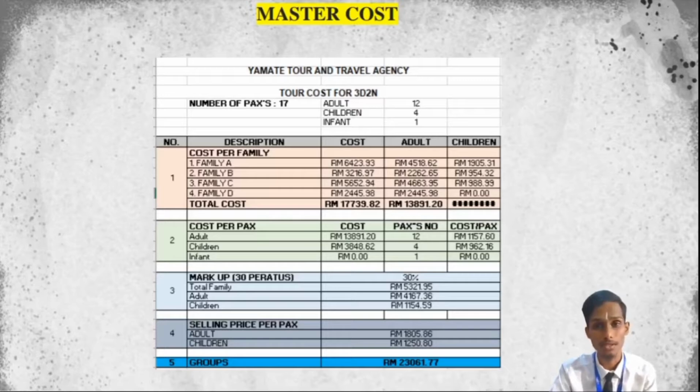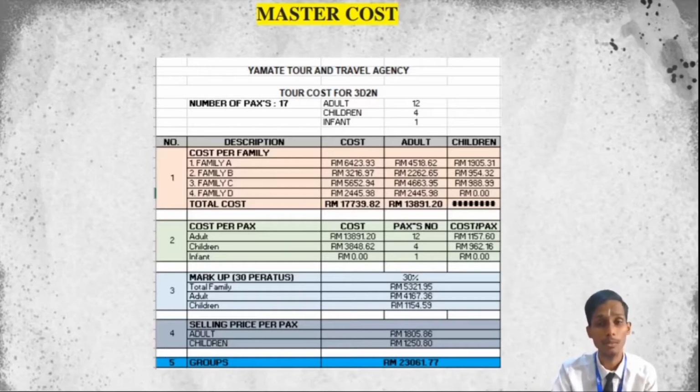Moving to family C, the total cost for this family is RM 5,652.94, and for the 4 adults in this family the cost is RM 4,663.95. Meanwhile, the single child's price in this family is RM 988.99.